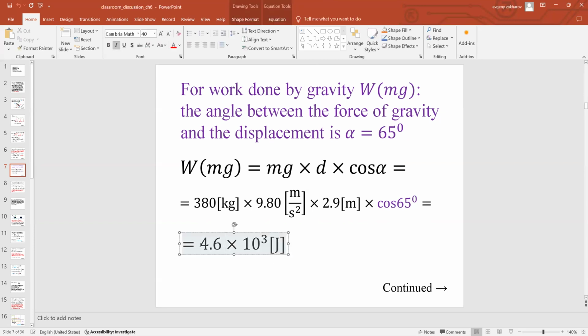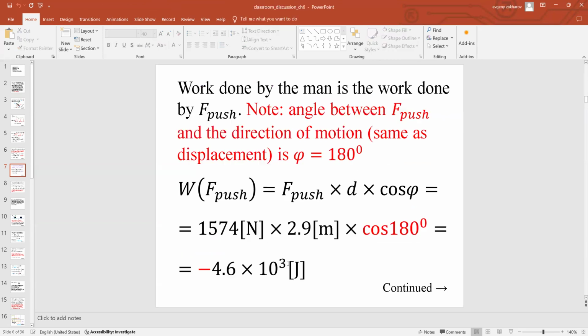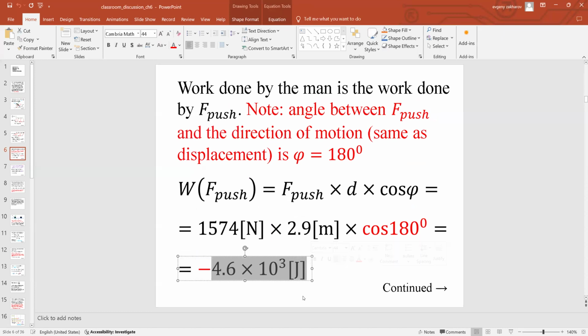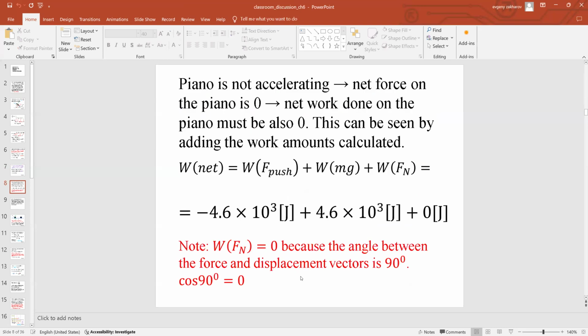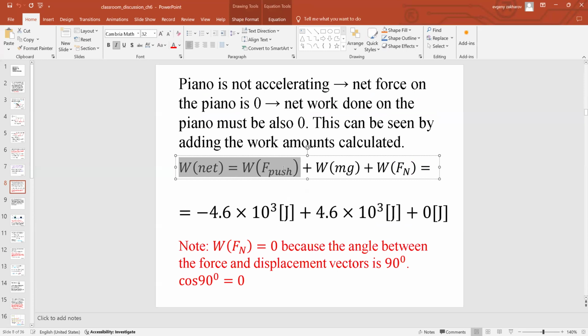So a positive value makes sense. And I want to point out it's exactly the same as the work of the push, but with a negative sign. See how it's negative for the push and it's positive for gravity. So you will come to a conclusion that the net work is the negative 4.6 thousand joules plus the gravity work, which is a positive value.